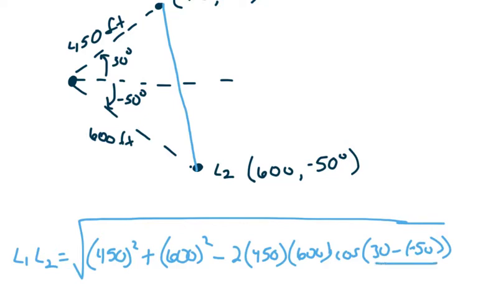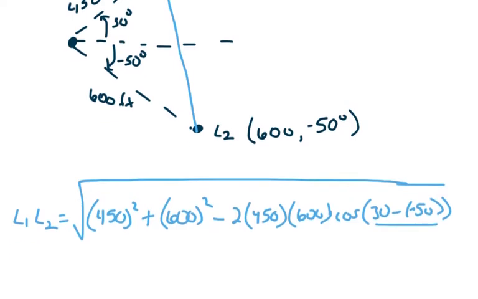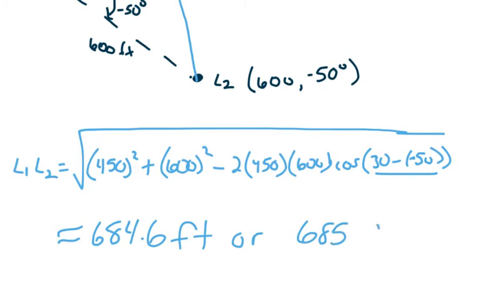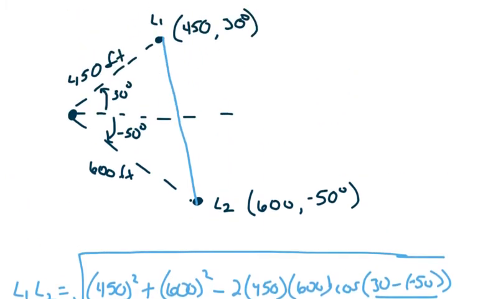Now, if you want to make this 80 before you type it in, feel free. What you're going to find after you do all this is that this is approximately 684.6 feet, or we could say about 685 feet apart. So this distance right here, 685 feet between the two landmarks.